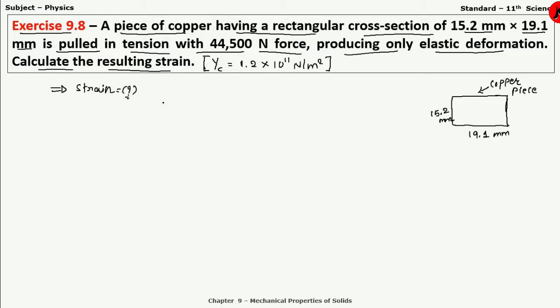So from the definition of Young modulus, we know the Young modulus is given by the ratio of longitudinal stress divided by longitudinal strain, right? And from this equation, here we want to calculate longitudinal strain, right?